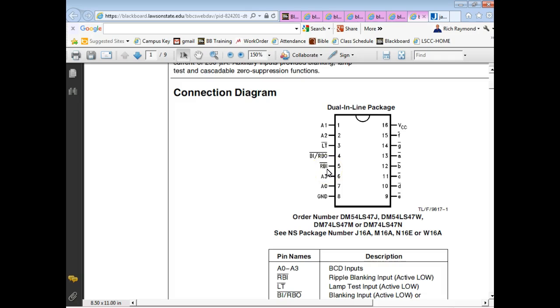Ripple blanking is a term. What they do a lot of times when you look at these displays, they don't have to be fast. Instead of using 4 data wires for each display, let's say I look at this frequency counter.